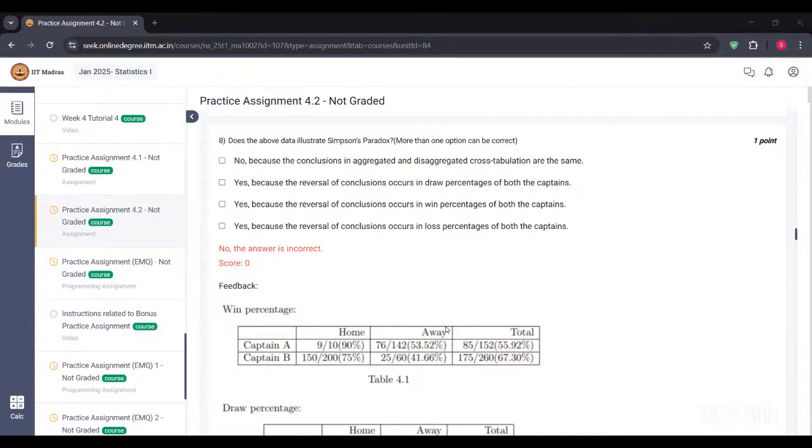Okay, so basically, in medical studies, if we are testing a new drug, overall it would appear that it is effective.